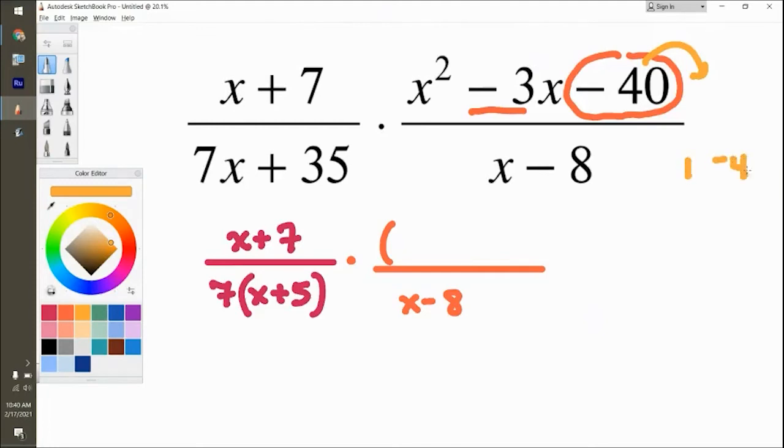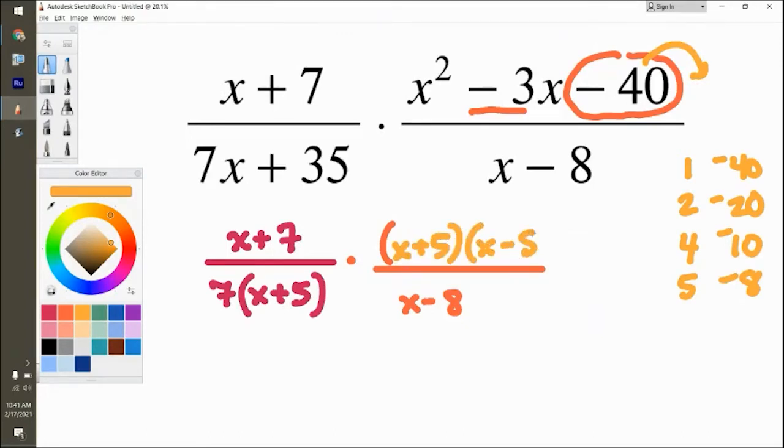That's not going to be anywhere near negative 3, so we're not going to worry about that one. 2 and negative 20, again, not near negative 3. 3, 4, let's do 4 and negative 10. That's negative 6, nope. All right, let's do 5 and negative 8. Uh-oh, 5 and negative 8. Those multiply to get negative 40, and they would add to get negative 3. So we're going to factor this to x plus 5 and x minus 8.